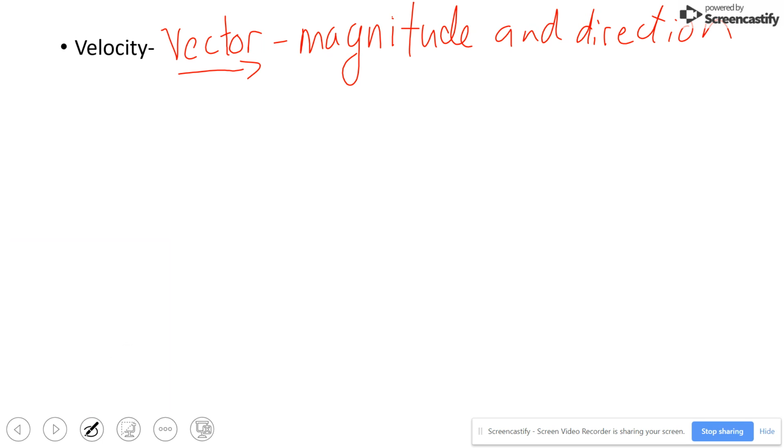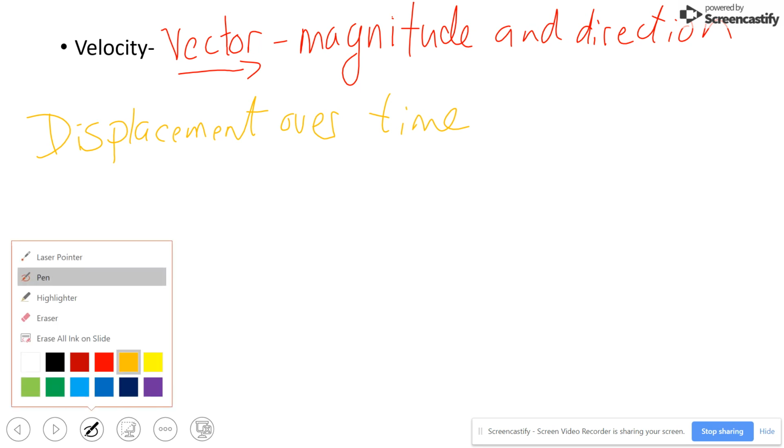And so velocity is displacement over time. That's the key difference between speed and velocity. Speed deals with distance, velocity deals with displacement. Remember, those two can be two very different numbers.